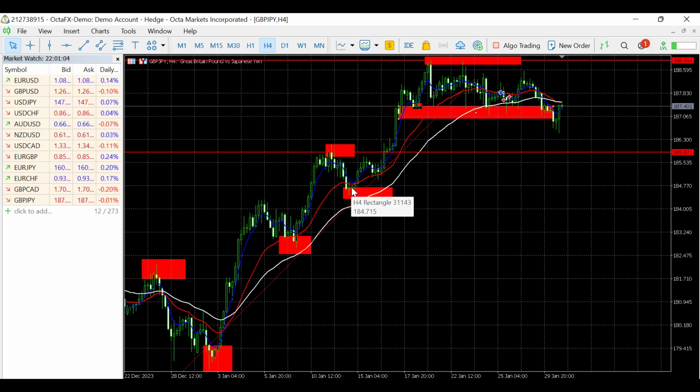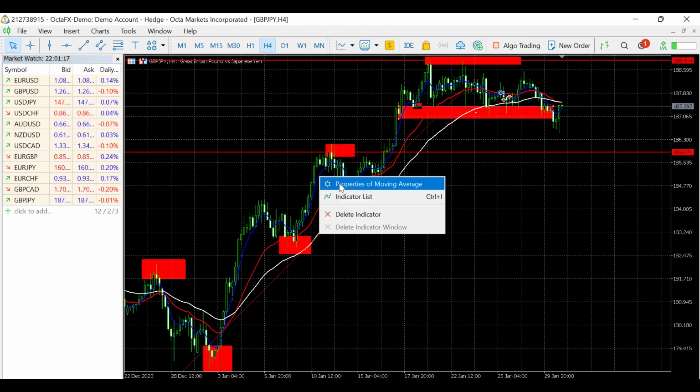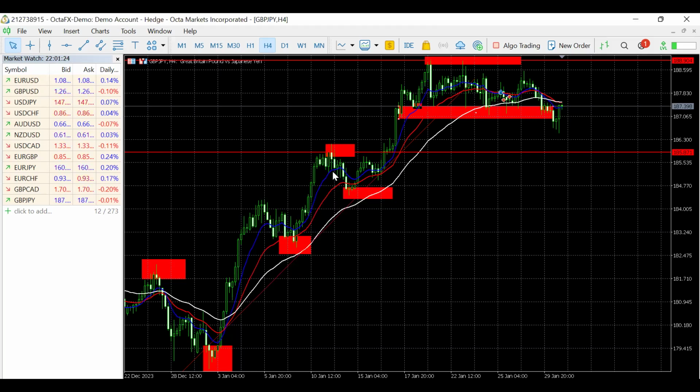Came to 10, tested it, came to 10, tested it, went back up, came to 5. Okay, let me change this 5 to the smoothed 2. Let me change smoothed 2 and see. Good. So it came to 5 here, tested it, rallied around 5.